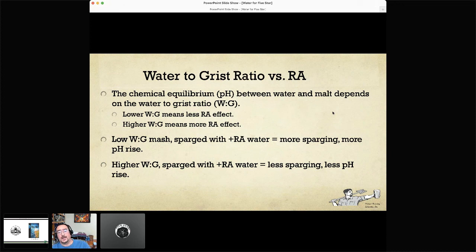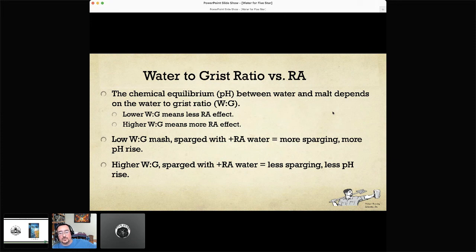And if that water has high residual alkalinity, your runnings pH is going to rise, and it could lead to astringency. Whereas if you have a little higher water to grist ratio and sparge with the same water, there's going to be less sparging overall and less pH rise.